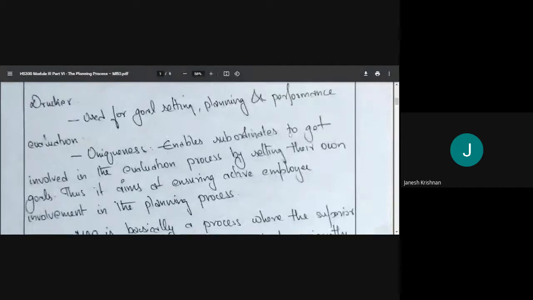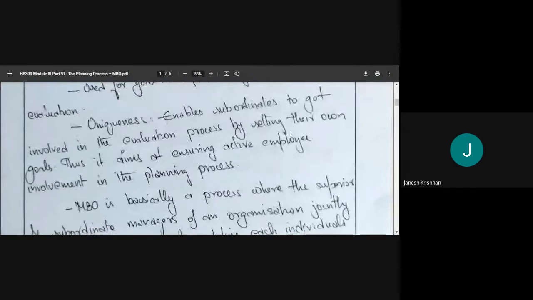Now, what is the uniqueness of this method?